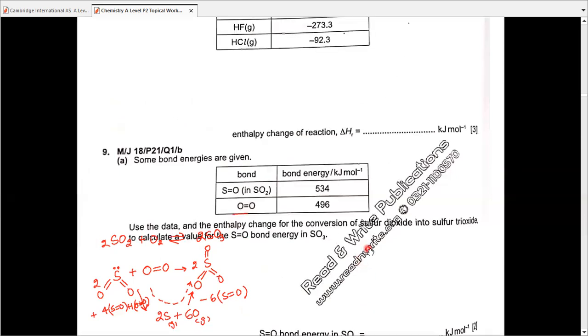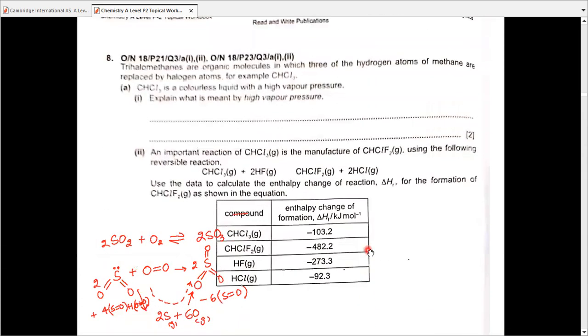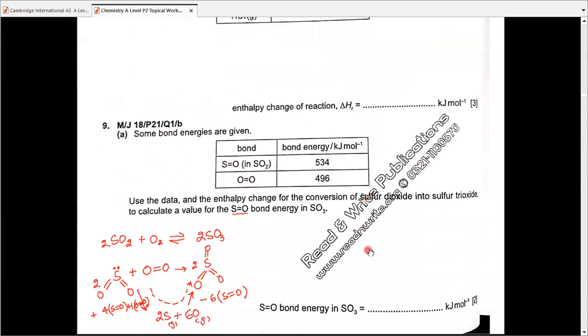Just a second. There is something missing from this question. Unless we have the whole value for this reaction, we won't be able to proceed. I mean, if there is some bond energy absent, then we need the total delta H for this reaction.